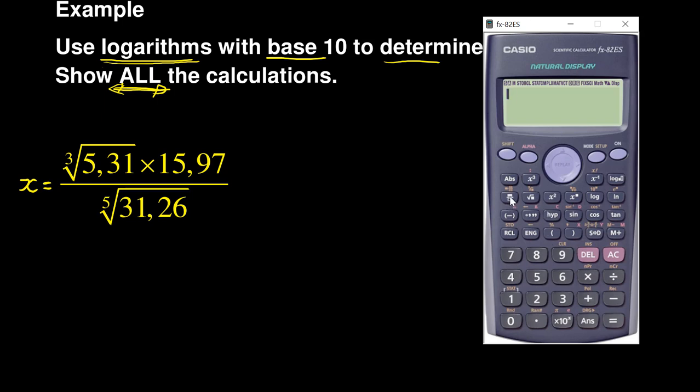It is very important for you to be able to enter this in the calculator. I've got the cube root of 531, times 15.97, divided by the fifth root, which is shift, then there is that where I can put the 5, of 31.26.